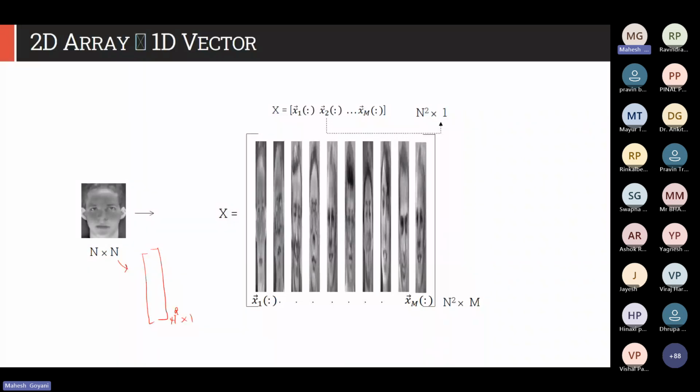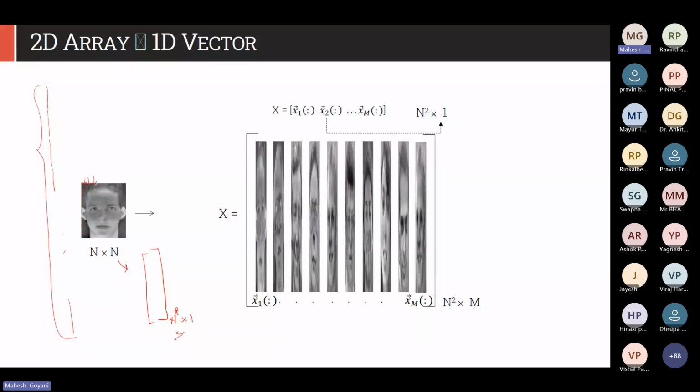So what we are doing is simply taking the first column and putting it here, then selecting the second column and putting it after that. Then we select the third column and attach it here, the fourth one, concatenating here, and so on. Finally, the nth column we concatenate. So obviously the dimension of this vector would be n square by 1. So each image will be represented by one column.